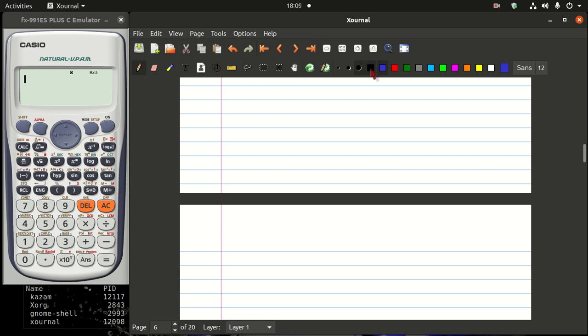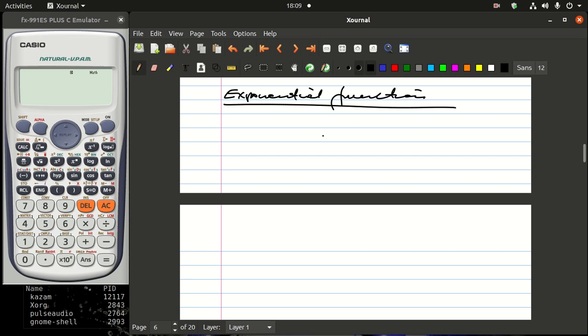Now let's talk about the exponential function. We talked about exponential functions back there in the previous videos, and we said that an exponential function is a function f of x which is equal to a to the power x, where a is greater than 1.